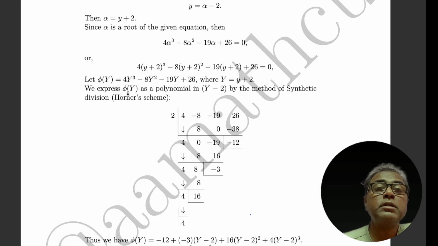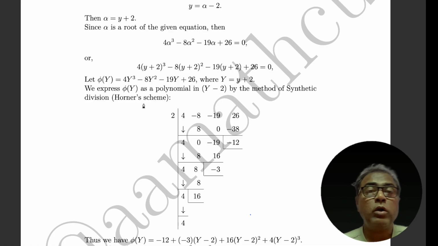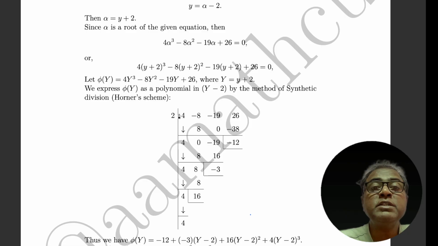Now we express this polynomial phi(y) in powers of capital Y minus 2 by the method of synthetic division. The scheme is this: the coefficients of this polynomial expression are 4, minus 8, minus 19, and 26.